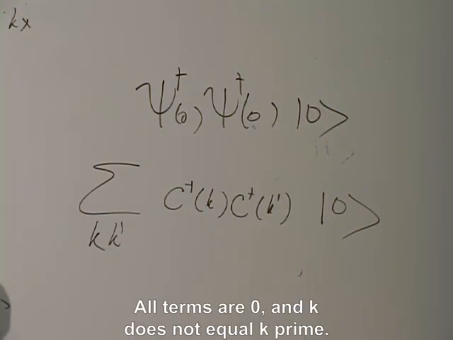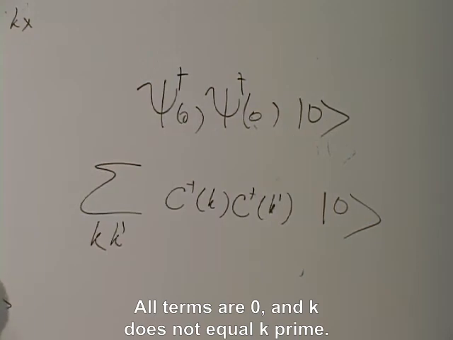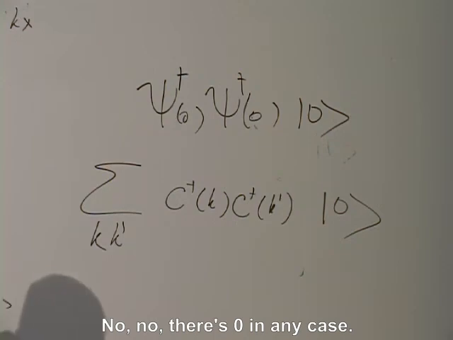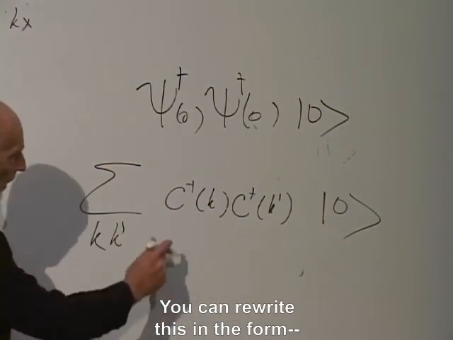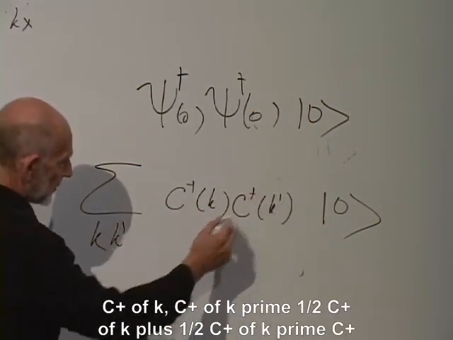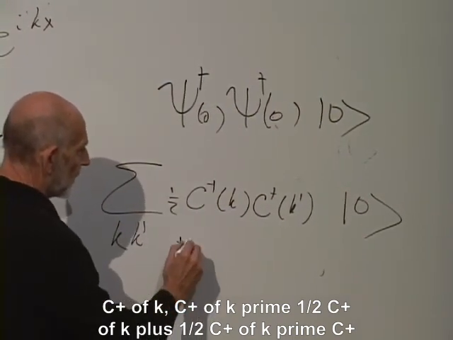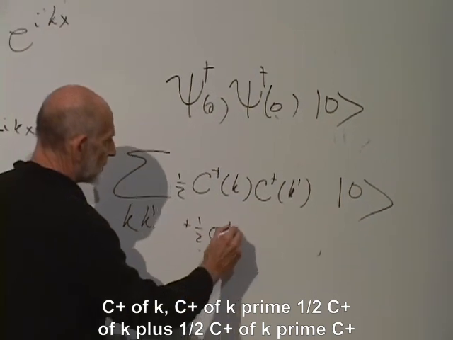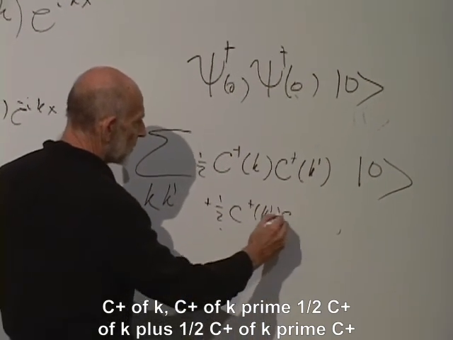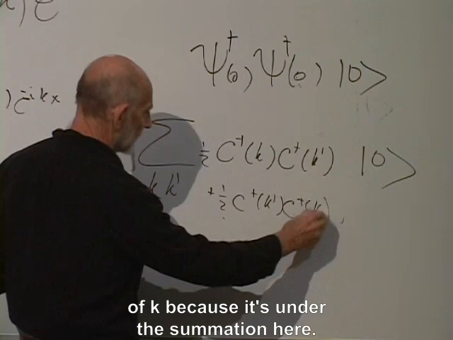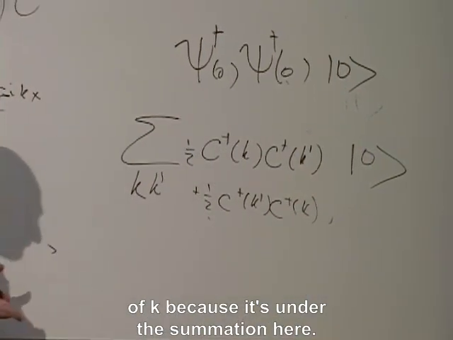All the terms are 0 when k does not equal k prime. It's the sum. No, there's zero in any case. You can rewrite this in the form c plus of k prime, 1/2 c plus of k plus 1/2 c plus of k prime, c plus of k. Because it's under the summation here.